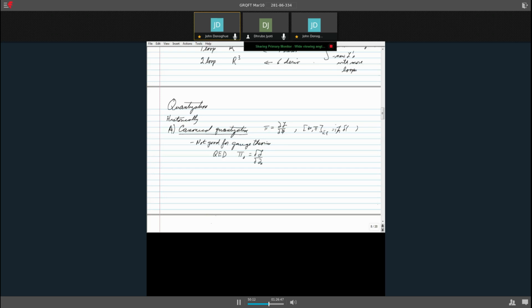So canonical quantization in general refers to forming canonical momentum from the variation with respect to the fields, imposing canonical commutation rules, phi, pi at equal times is i h bar, delta functions, etc.